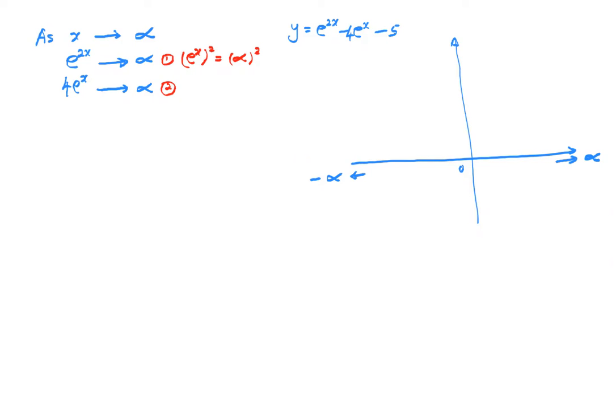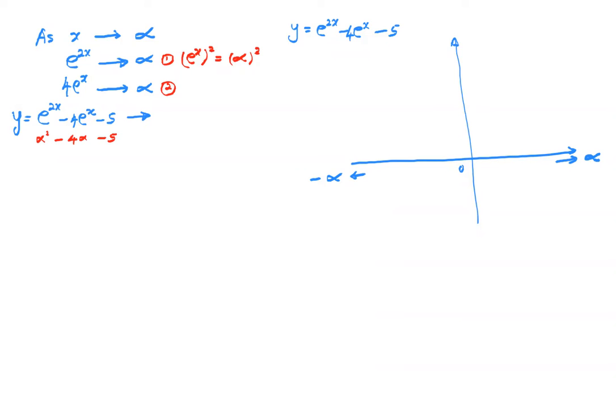So therefore, e to the power of 2x minus 4 times e to the power of x minus 5, that is your y, will tend toward what? You imagine it like that: infinity squared minus 4 times infinity minus 5. What do you think?